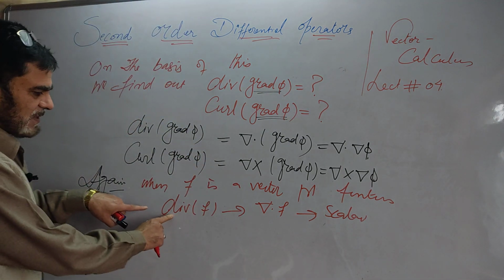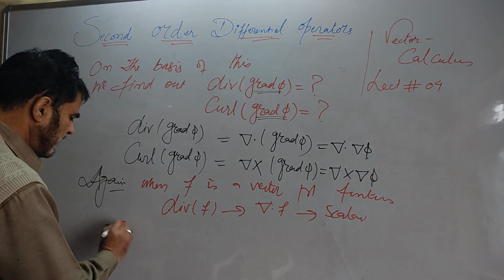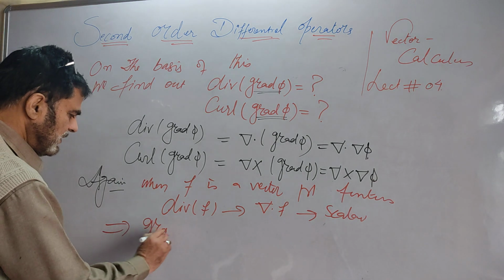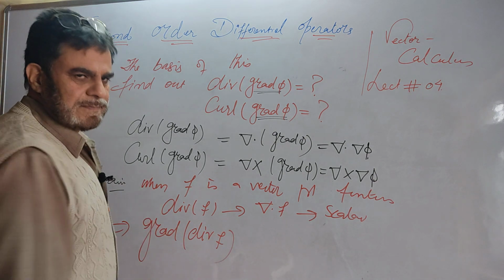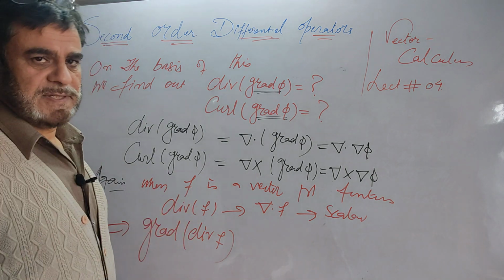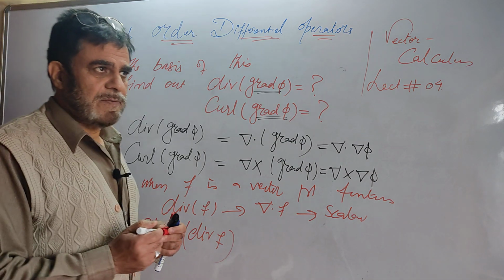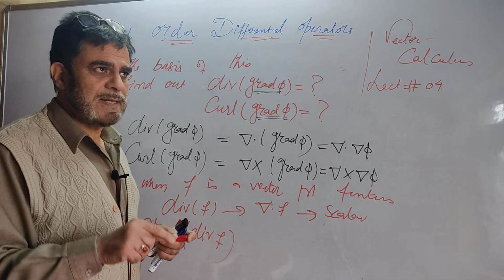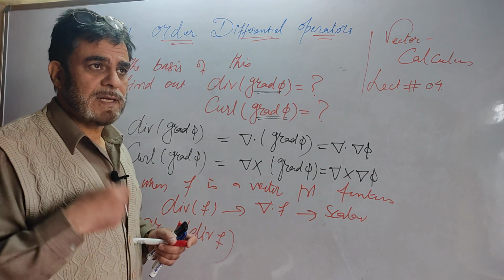So when your divergence of f is a scalar, this means we can find out the gradient of this scalar, divergence of f, because in future you may ask how this comes, how that comes. It is the logic. I am giving you just logic and reason. We always find out the gradient of the scalar, divergence of the vector, curl of the vector.